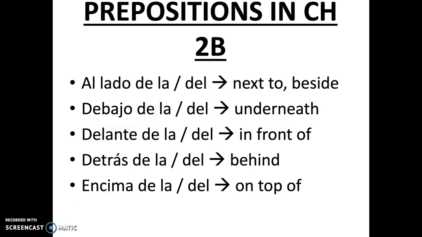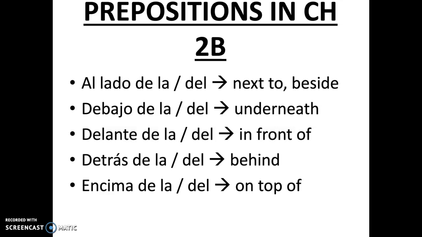If the noun following the preposition is masculine, for example, escritorio, we would say del. So again, we use de la or del depending on the gender of the noun following the preposition.